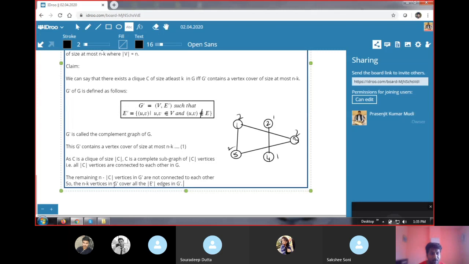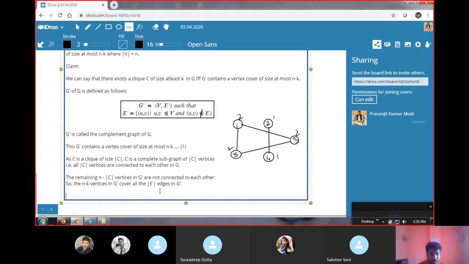So n minus k number of vertices have to cover all the edges, E dash number of edges. And we are given that it will contain a vertex cover.